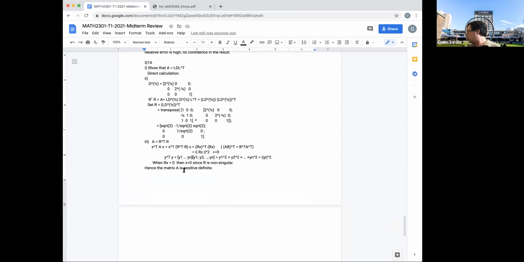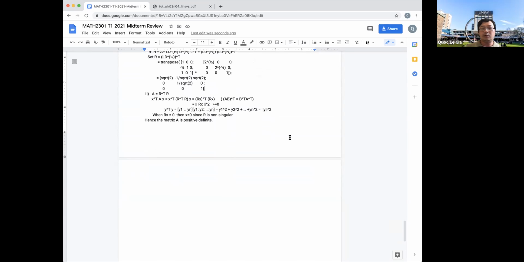And what is the next question? The next question is how to use the Cholesky factorization to find A inverse. You have to do two steps.